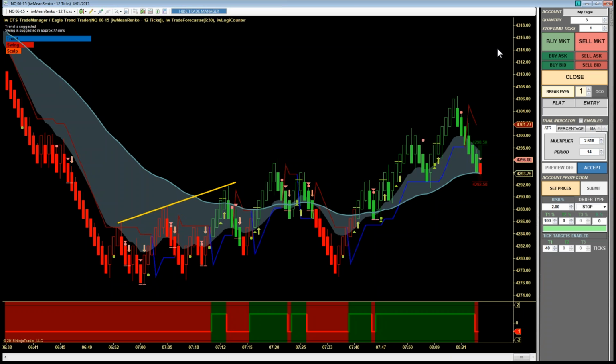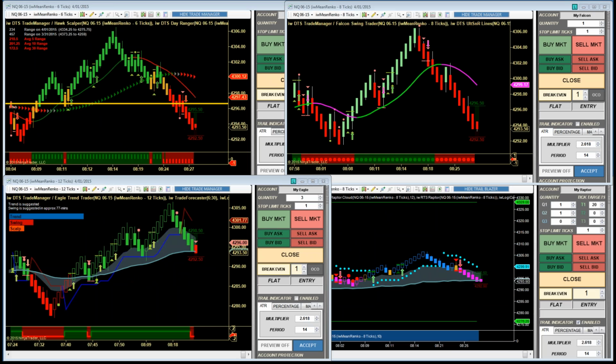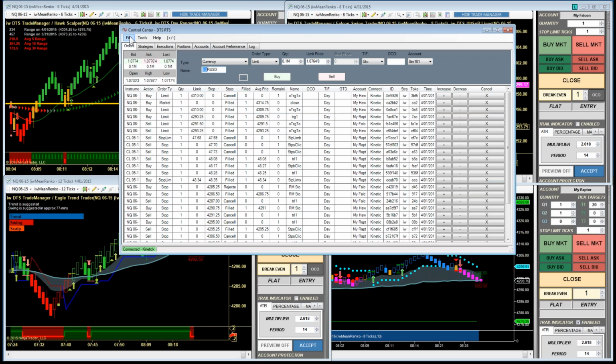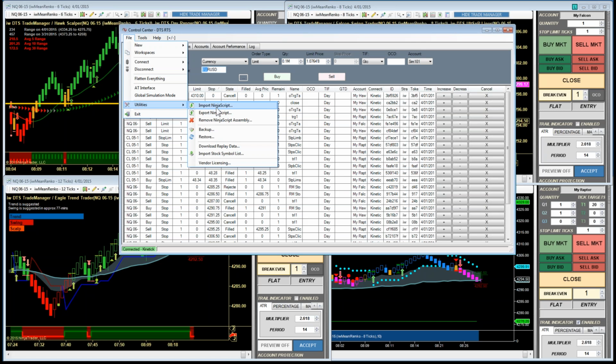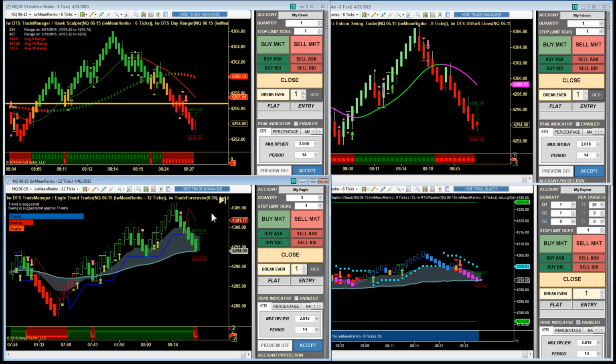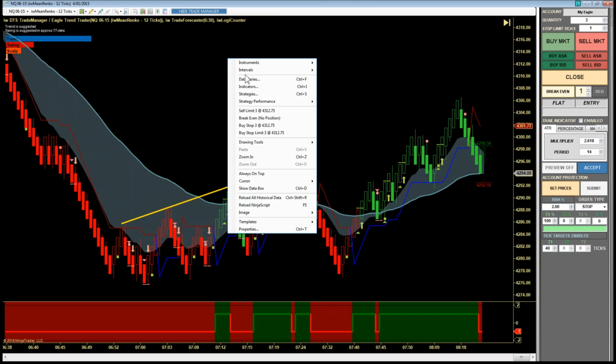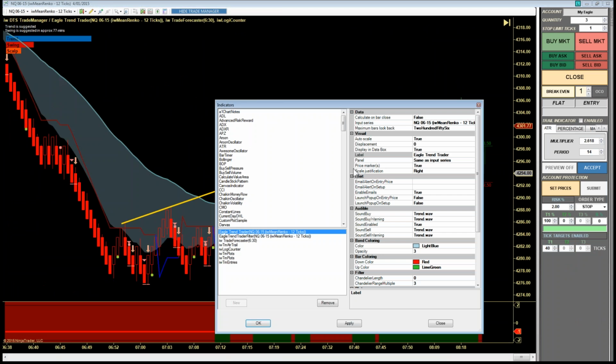Mike asks, how do you install it? Well, just like any other Ninja program, you would go to your control center, and you would go here to your utilities and import your Ninja script. And it installs. Once it's installed, you go to your indicator panel and you would find it.